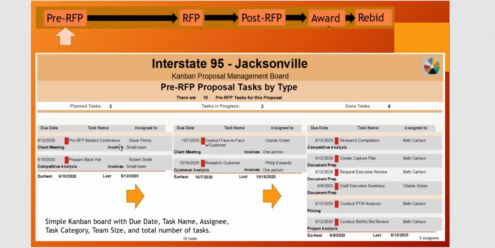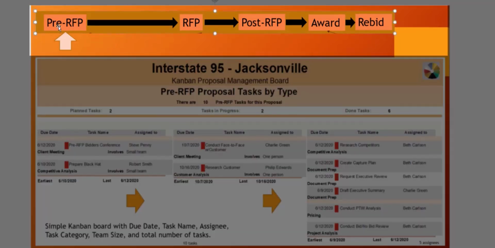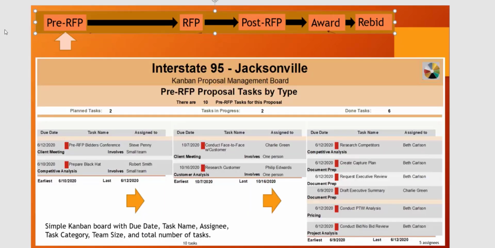So let's take a look at a few. At the top of a few of these slides, you see that same graphic that I showed you a couple of slides back: pre-RFP, RFP, post-RFP, award, and rebid. Those are the main stages in developing a proposal.